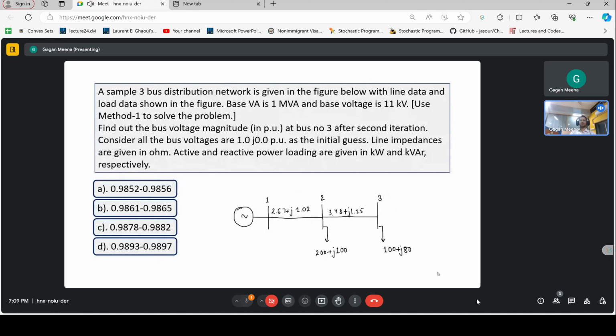And we have to use method 1 to find out the bus voltage located at bus number 3 after the second iteration. Consider all the bus voltages as 1 plus j0 as the initial guess, so it is 1 angle 0. Line impedances are given in ohms, and loads in kilowatt and kVAR.